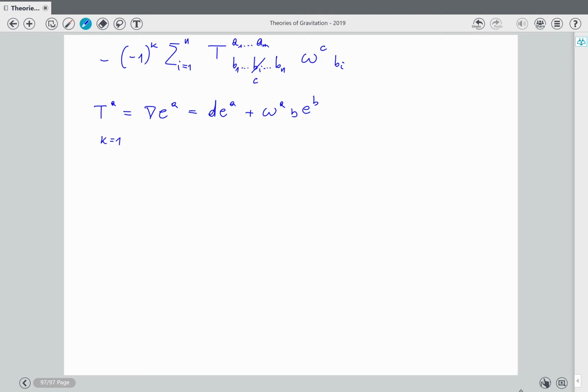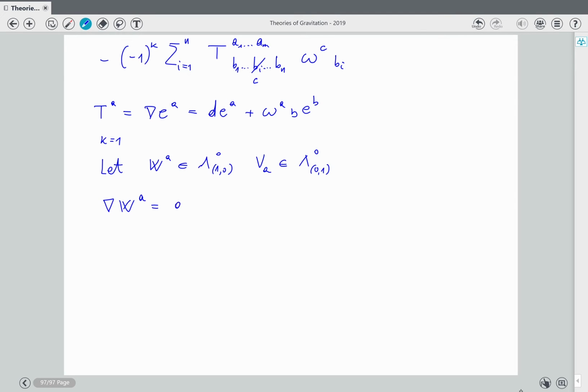Let WA be a zero form with one upper index, VA be a zero form with one lower index. So in this case you can write the covariant derivatives.